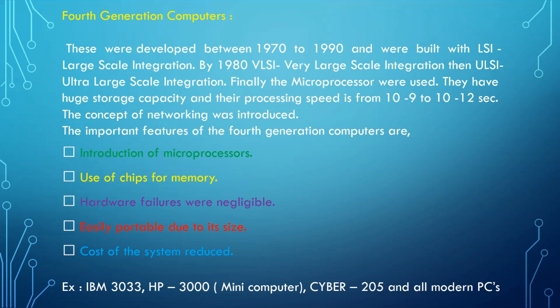The next point is easily portable due to its size. Even with the introduction of integrated circuits in the third generation itself, the size was reduced enormously, and a new type of computer, that is minicomputers, was introduced. Now in the fourth generation, the improved IC, that is the microprocessor, was used.